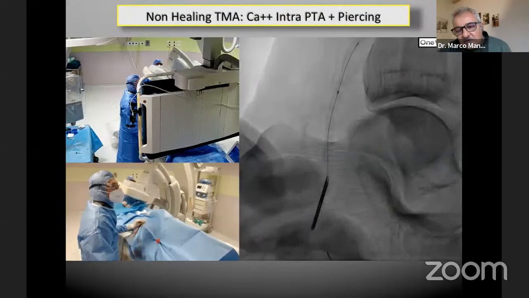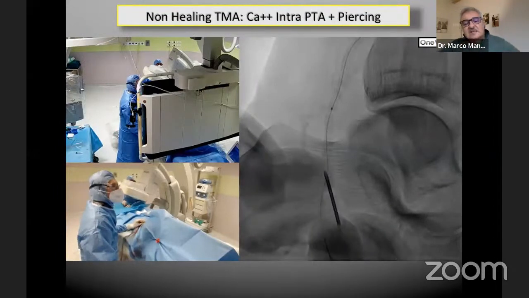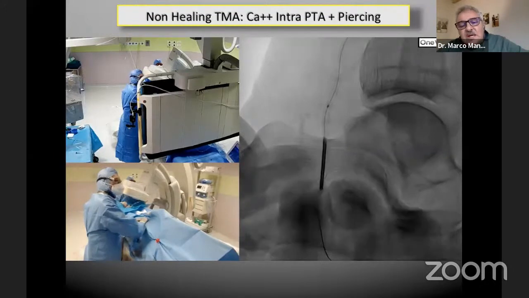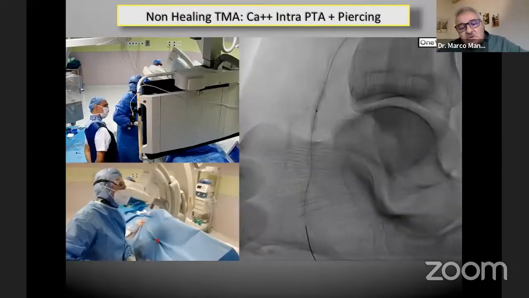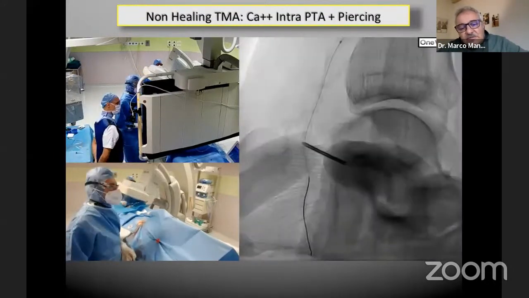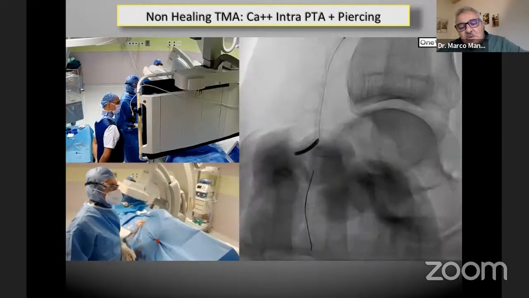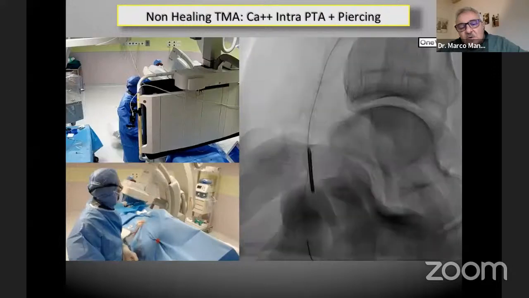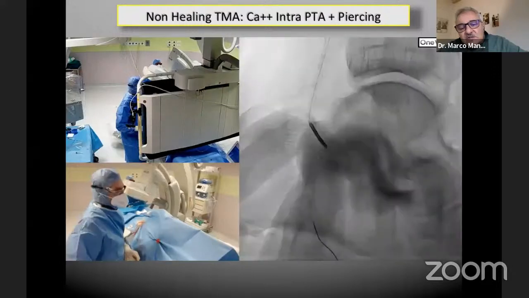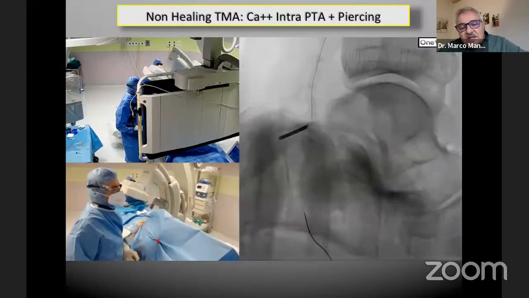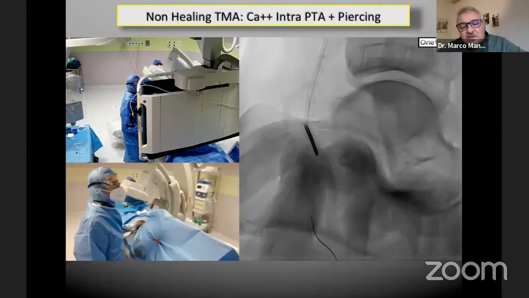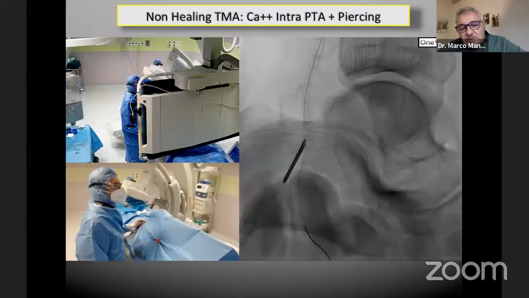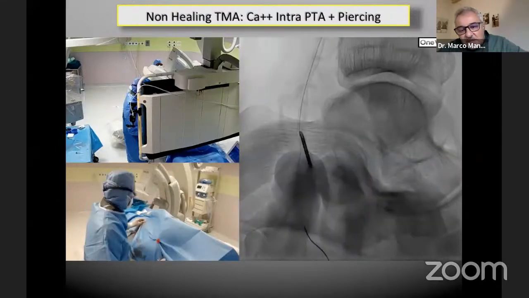in most of the cases, this could be one possible solution, but really efficient in letting the balloon advance into the occlusion or tight stenosis when we have this kind of calcification. In fact, you can see after several punctures, we have to be really aggressive when we do this.